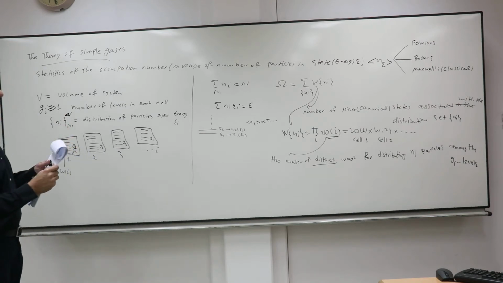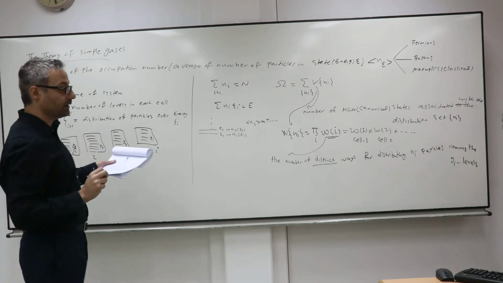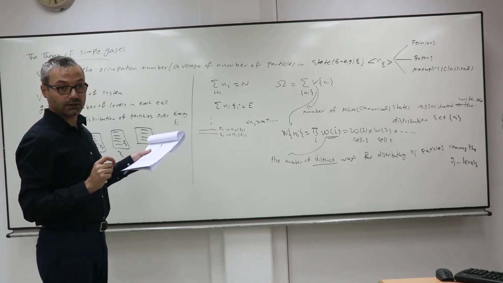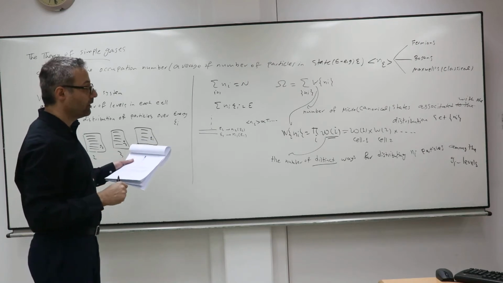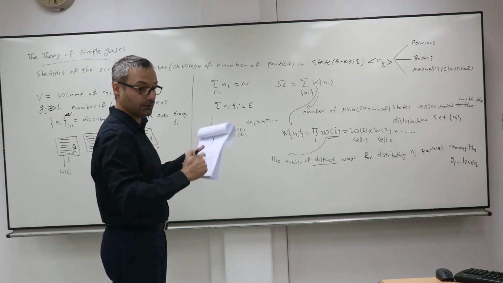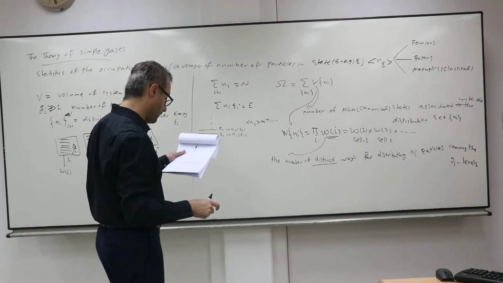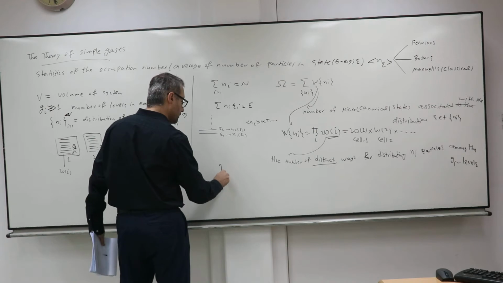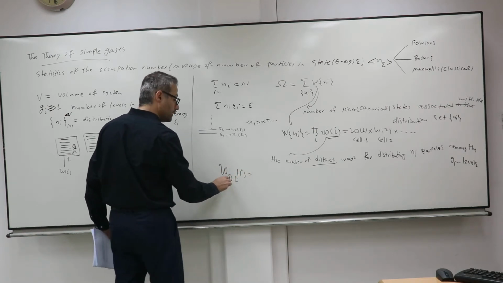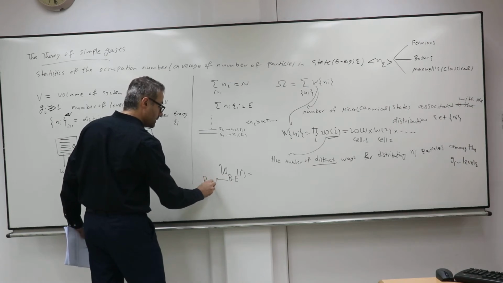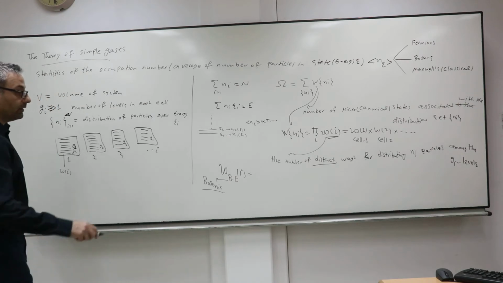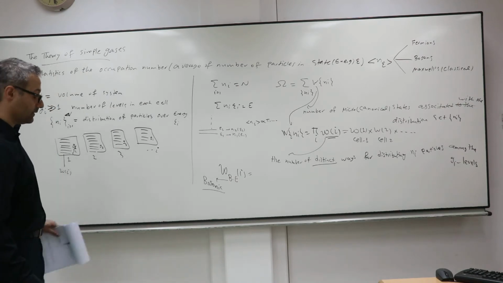So you know how you can distribute N particles in the Gi boxes, but you need to know how many particles can sit in each box. You need to know whether the particles have any problem sitting together in one state or not. For example, if they don't have any problem, we call the system bosonic. As I explained in the last lecture, bosonic is the system in which they can all occupy the same energy level.